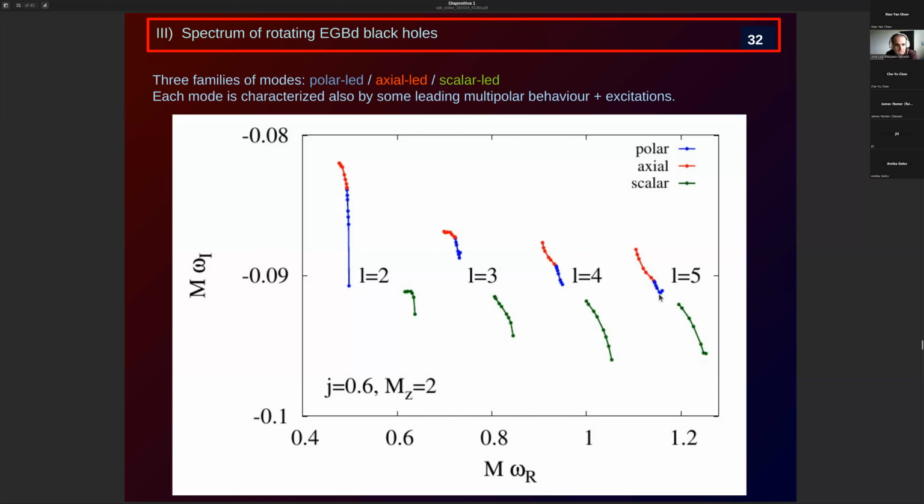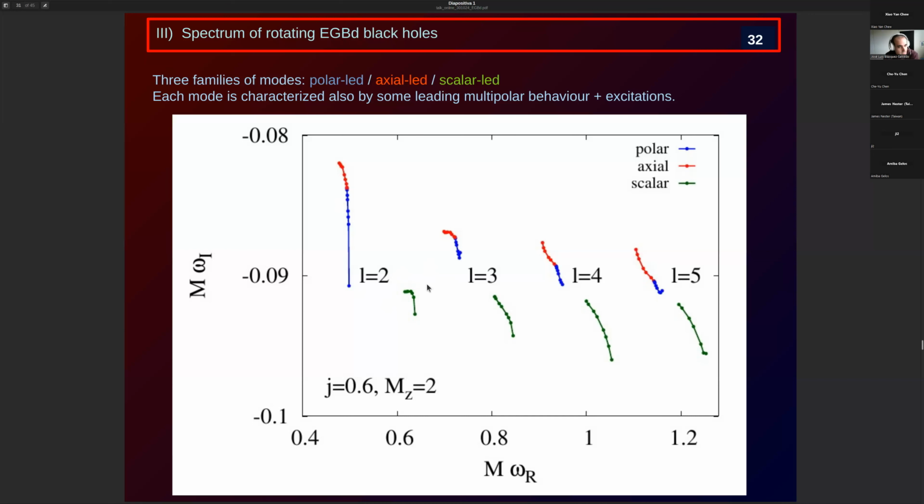Now, as you increase the coupling, you are coupling the scalar with the metric, and you are growing a non-trivial stationary scalar around the black hole. So you have these new families of modes that come from the scalar, and as you increase the Gauss-Bonnet coupling constant, the frequency changes. We will study that in more detail.